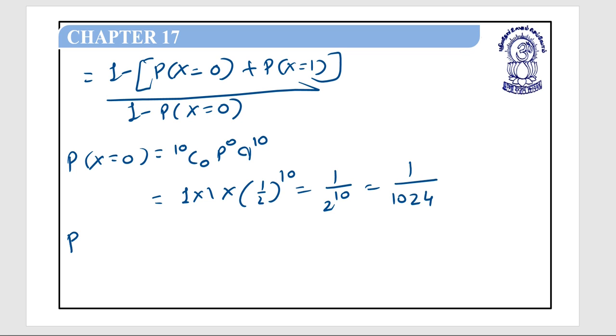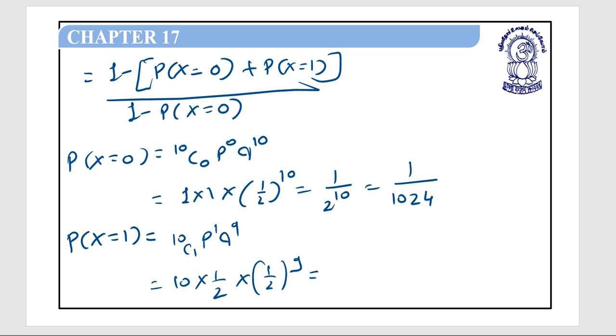Now probability of x is equal to 1 is equal to 10C1 p raised to 1 q raised to n minus r, 10 minus 1, it is 9. So 10 into p, it is 1 by 2, into 1 by 2 raised to 9 is equal to 10 by 2 raised to 10. So 10 by 1024.